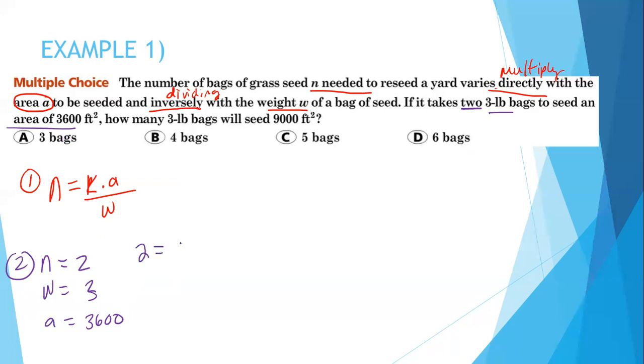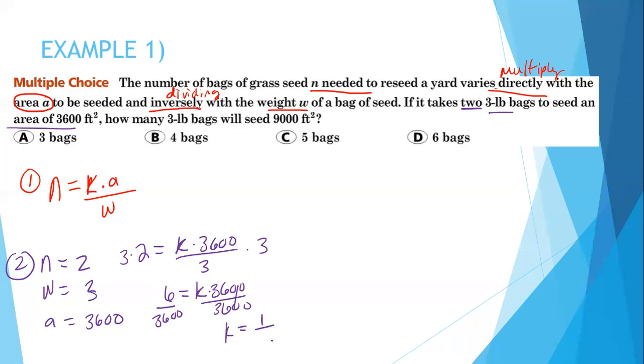So we have 2 equals K times 3,600 divided by 3. Multiply both sides by 3, and that gives us 6 equals K times 3,600. Then we're going to divide both sides by 3,600, and that leaves us with K equals 1 over 600.